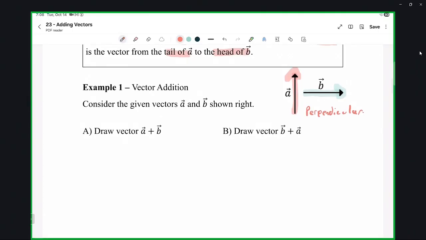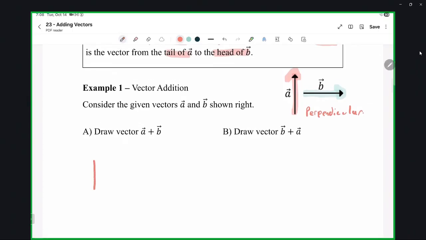Okay, so here we start with vector A. So there it is here.